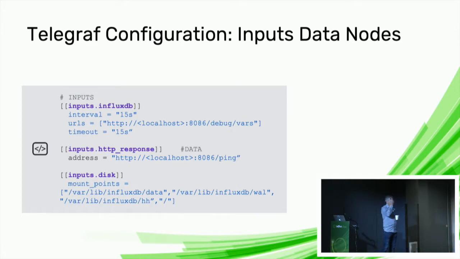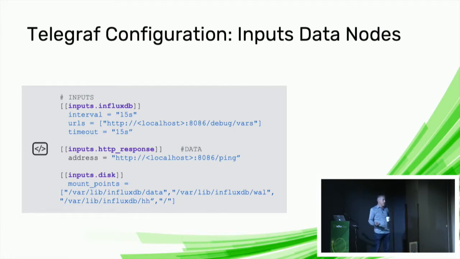We also are taking advantage of the ping endpoint that's available on the data nodes, and we use that for availability checks, right? And we've actually deployed a third-party metrics instance of Telegraf to come through the front door to observe what the health looks like from the end user's perspective. From a disk perspective, we're checking on some of the most popular areas where we land data.